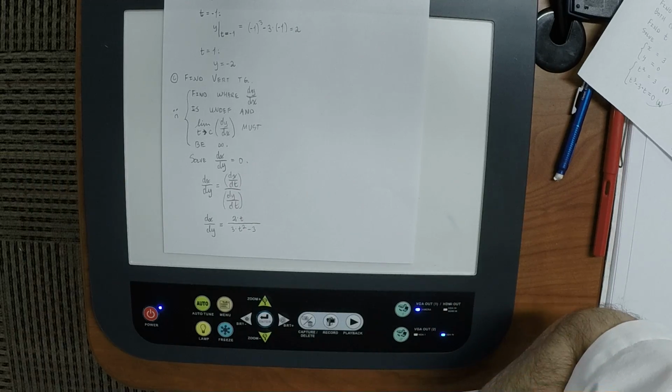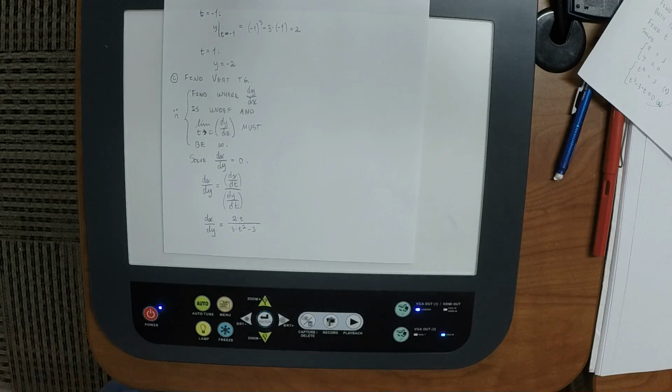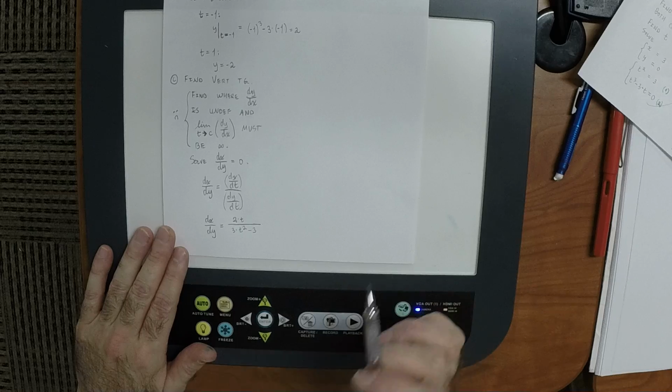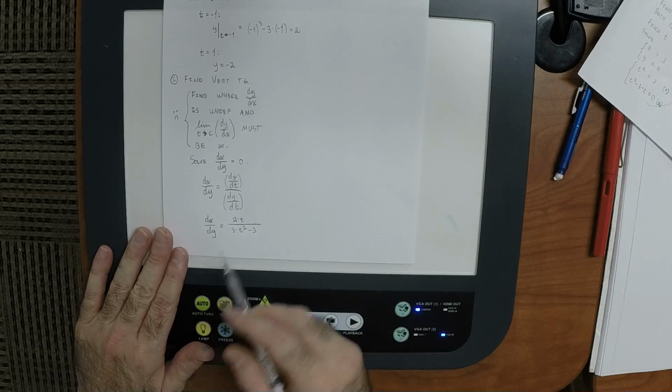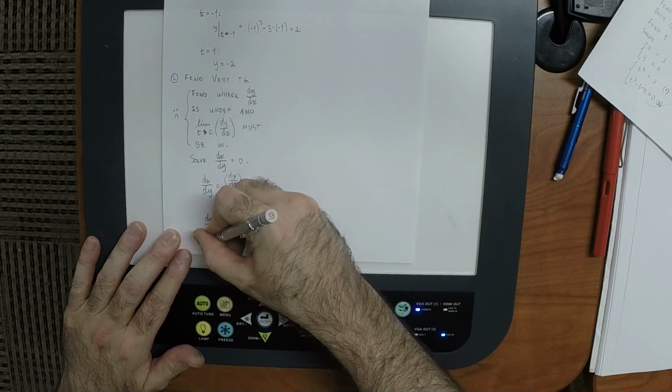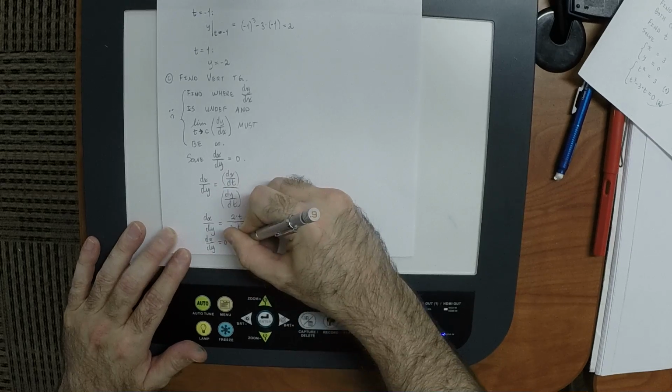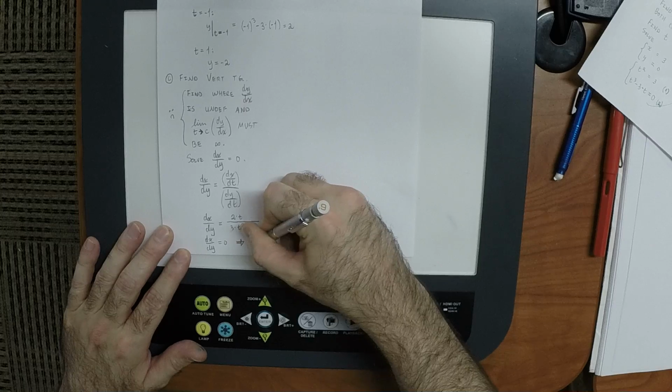Good. So for entirely analogous reasons, or by looking at the picture, what's the solution to this equals 0? t is 0. dx/dy equals 0 implies t is 0.